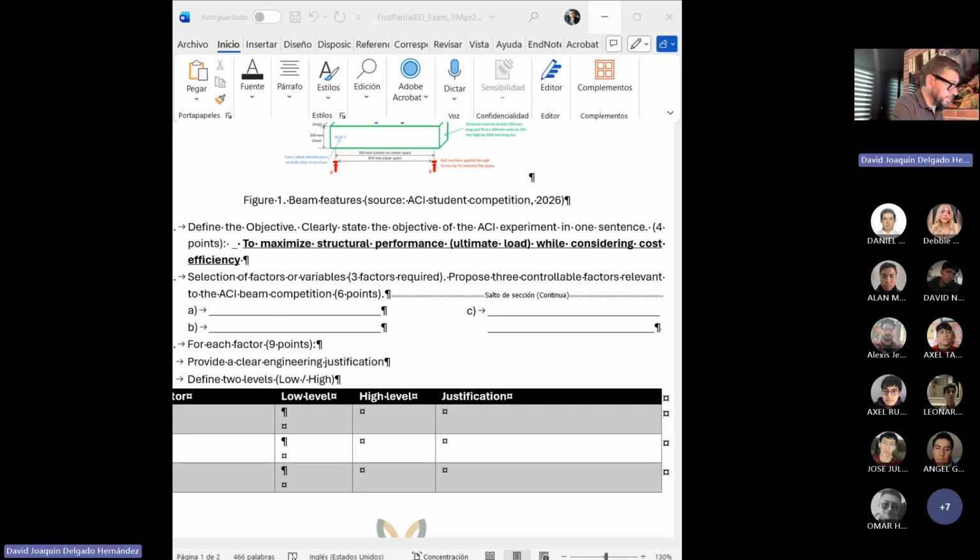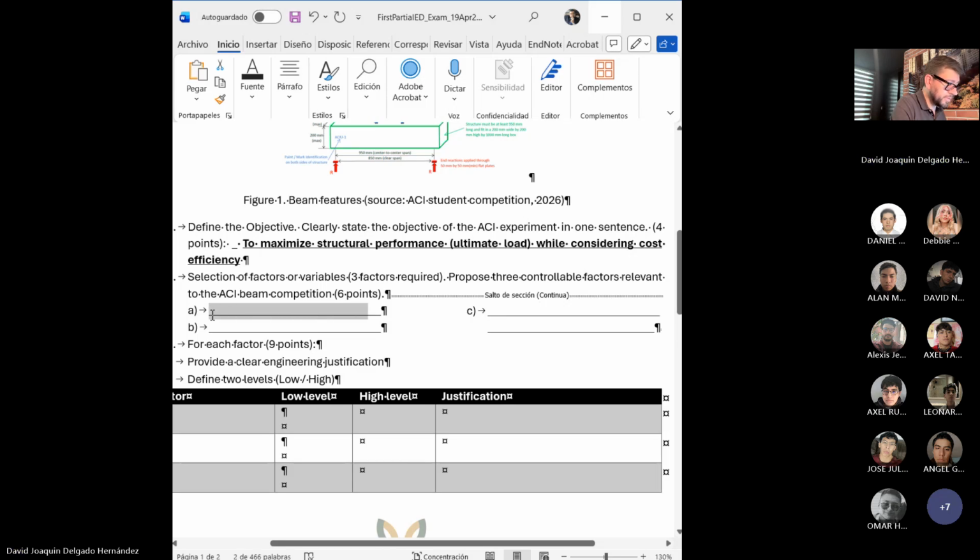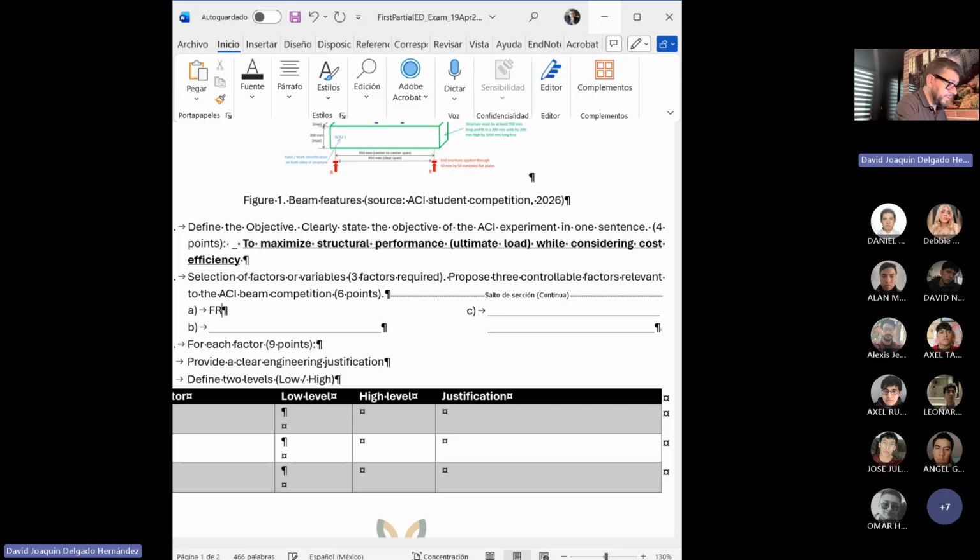So here you could have the first thing, the FRP reinforcement ratio. The second aspect or factor that you could consider here was the concrete compressive strength.